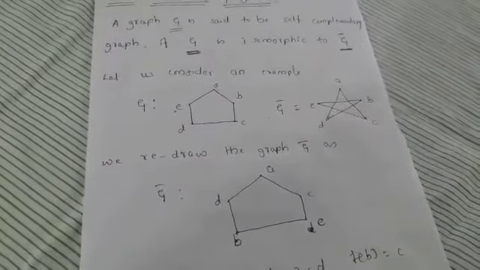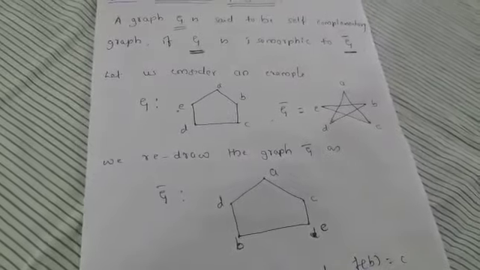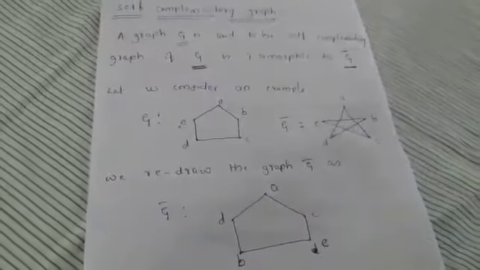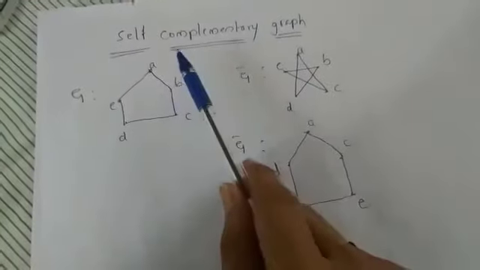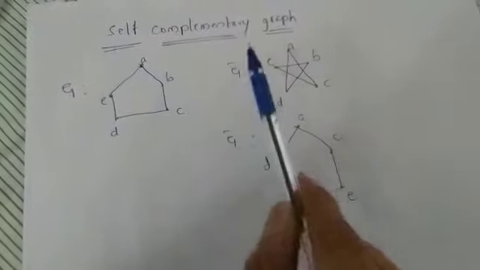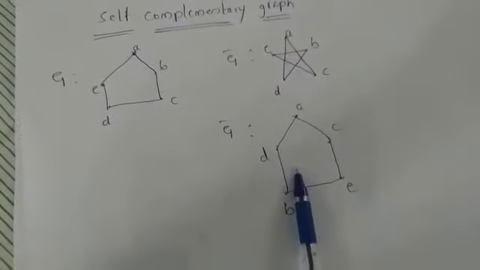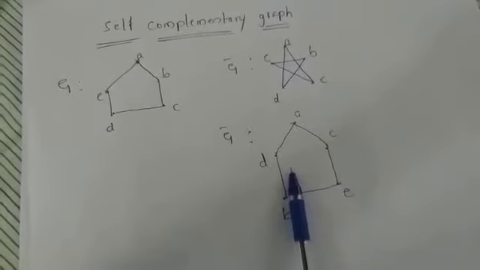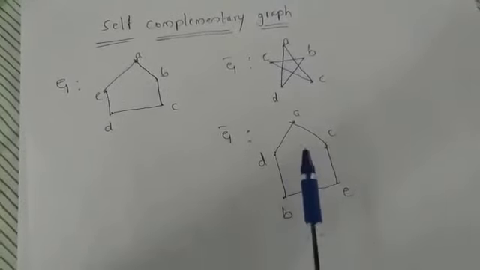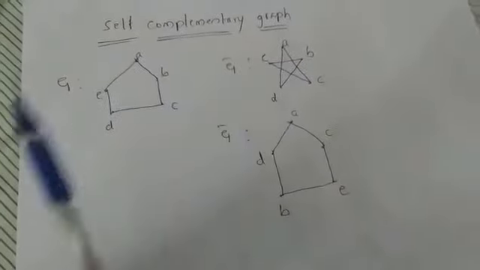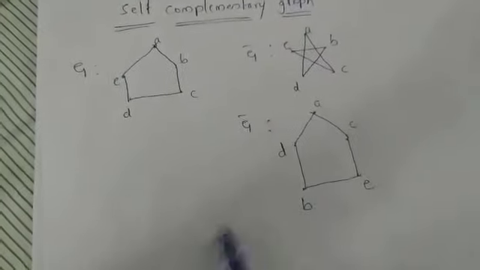So for a particular sum graph, we can cross-check whether the graph is self-complementary or not. As we discussed earlier, the graph G is a self-complementary graph. Now we'll try to develop a relation between the number of vertices as well as the number of edges in G and G bar.